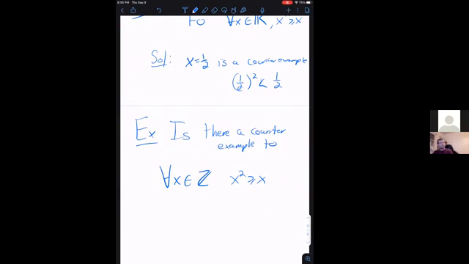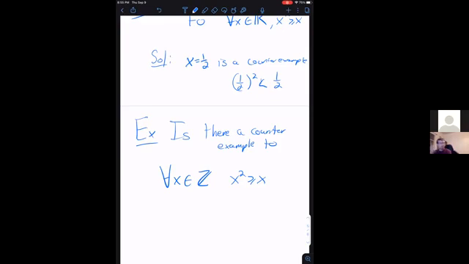All I did was change my domain a little bit. But the problem is now I'm stuck to integers. So I need to find an example where if I square it, I'm less than I was before.